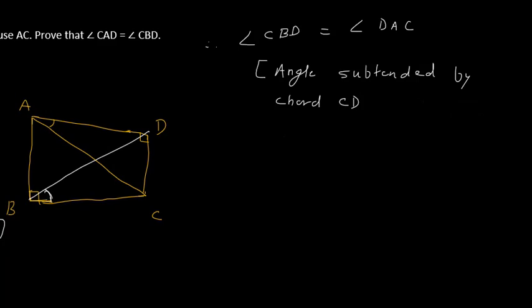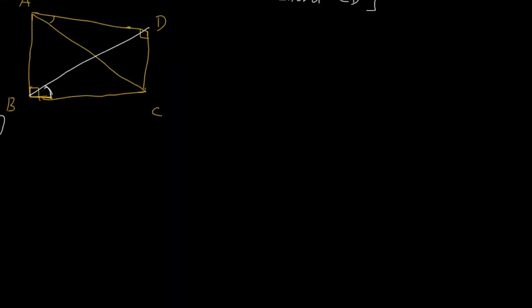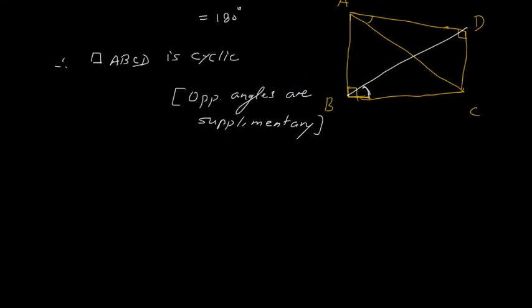As we have proved that this is a cyclic quadrilateral, points A and B are on the circle. So here you can write ABCD is cyclic, that is, points A, B, C and D are on the circle.